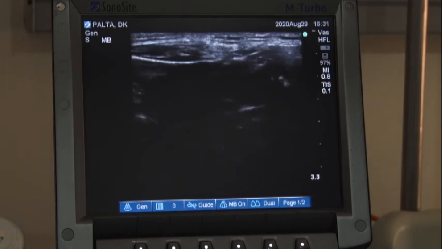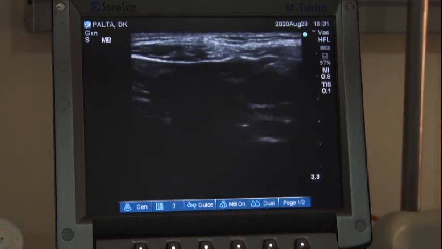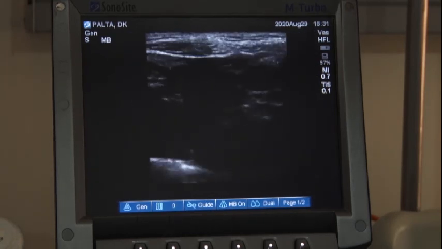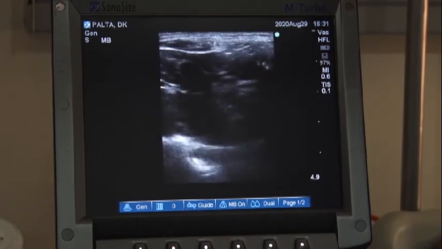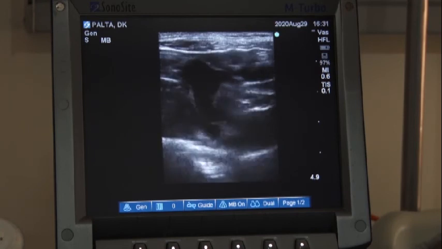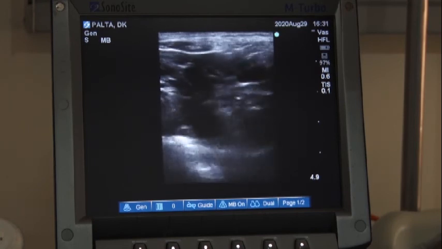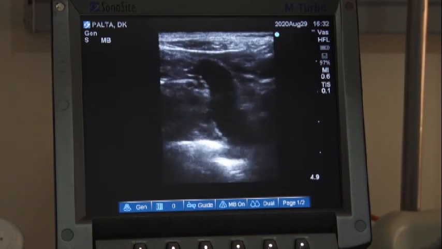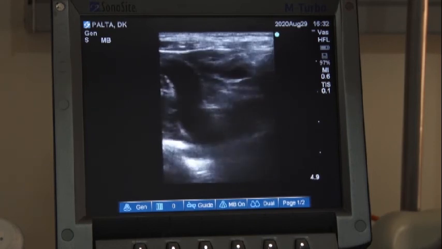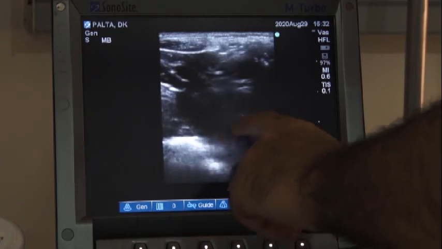It's widely patent, and I can see also the central vein, the brachiocephalic vein, which is joined by the brachiocephalic vein of the opposite side also.